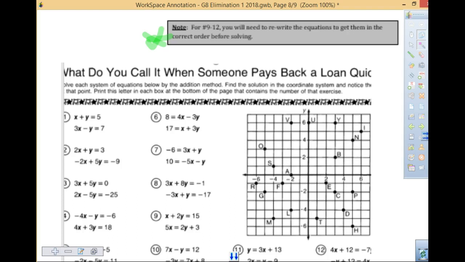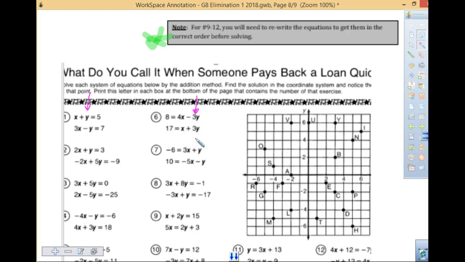One of my hints is put an arrow above the ones that, when you start adding them, are going to cancel. So, in number 1, as you add those, the y's are going to cancel. In number 6, the y's are going to cancel.